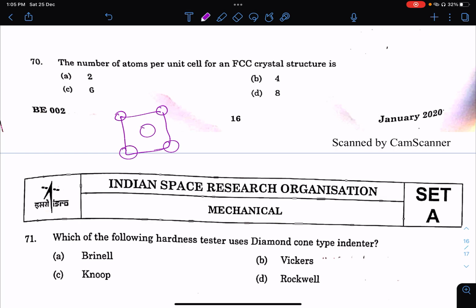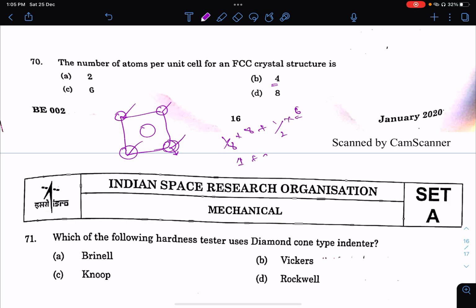Here one atom will lie at the face on the three faces. So the number of atoms will come out to be, so this is a cuboid. So this atom will be shared by 8 unit cells, plus 1 by 2 into 6, because there are 6 faces.